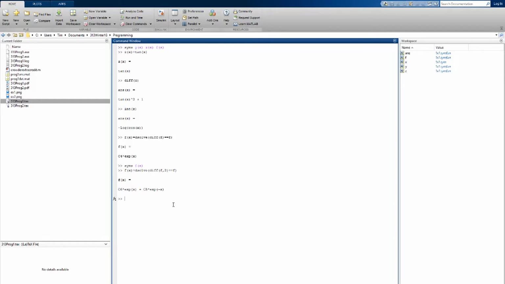Now, this won't matter when we do the next thing, which is to use dsolve to solve an initial value problem.